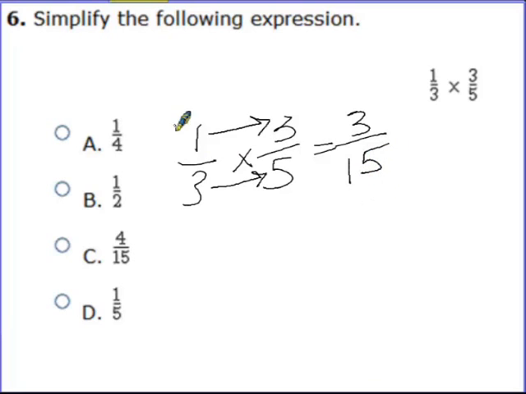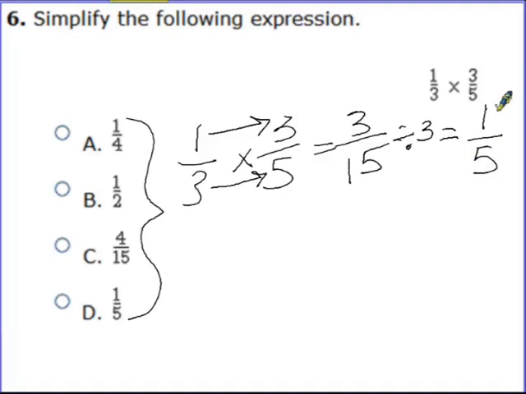But 3 over 15 is not an answer option here. Whenever you finish multiplying, you always got to see, can you simplify? And I can. 3 will go into both the numerator and the denominator. So 3 divided by 3 makes 1. And 15 divided by 3 makes 5. So that is my answer there, 1 over 5.